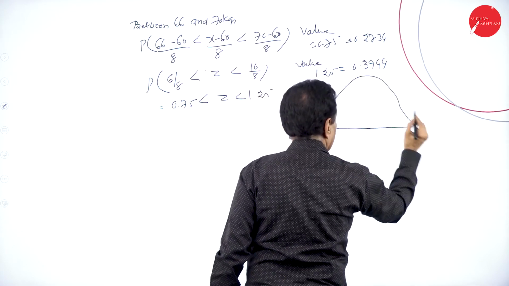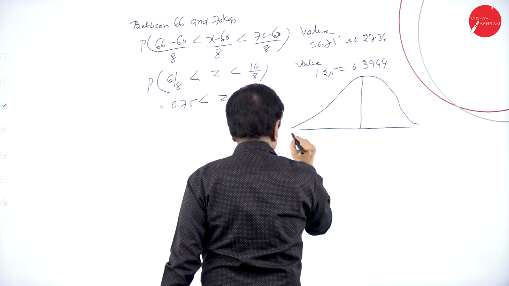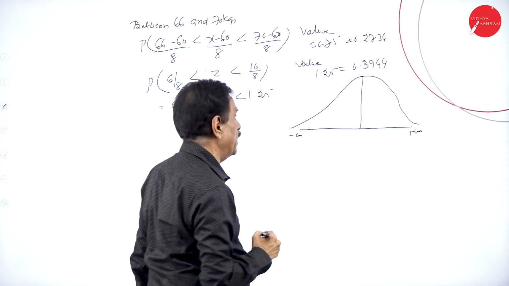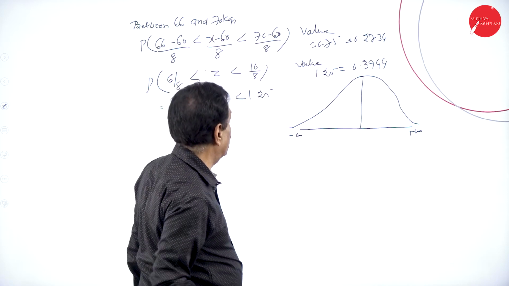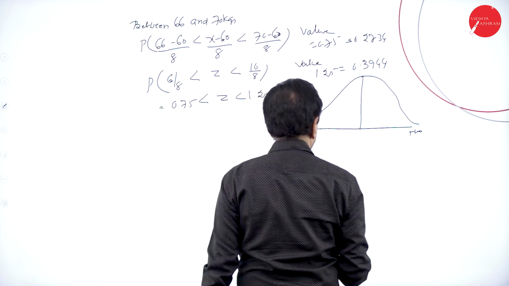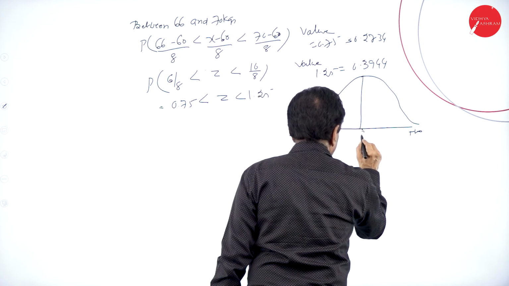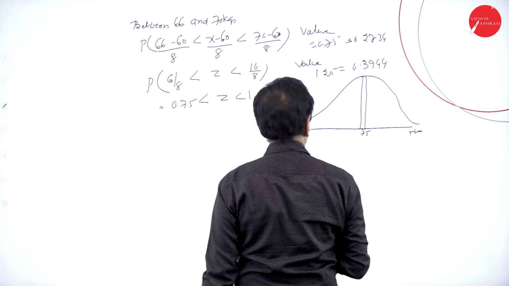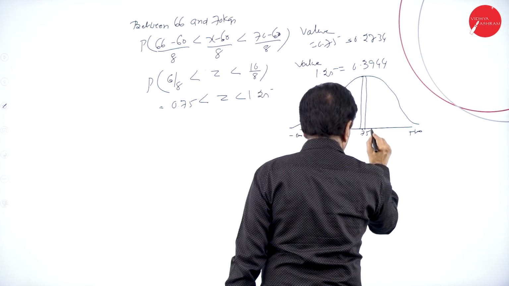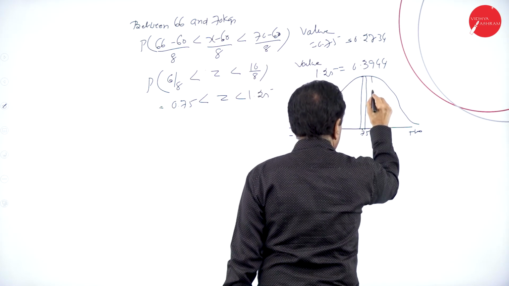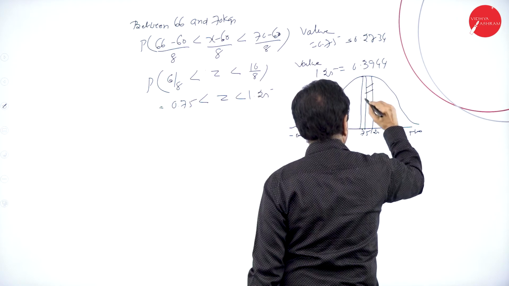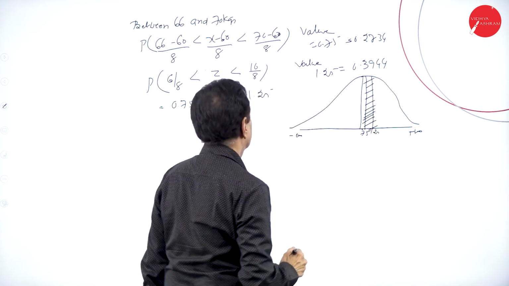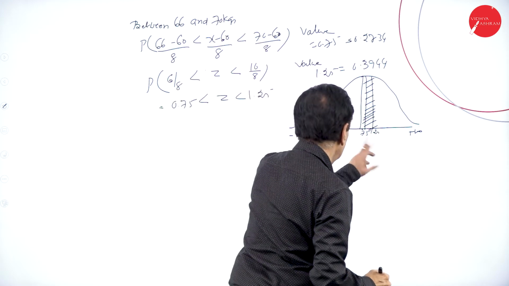This is minus infinity, this is positive infinity. Where do they occur now? What is the first one? 0.75. Where does the next occur? 1.25. So both will come here on the right side.